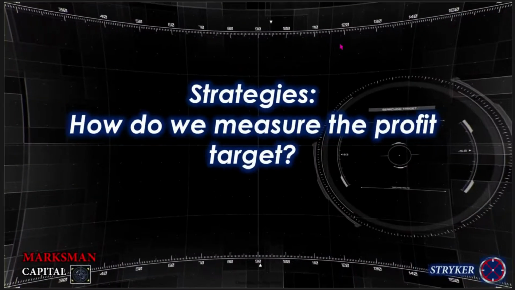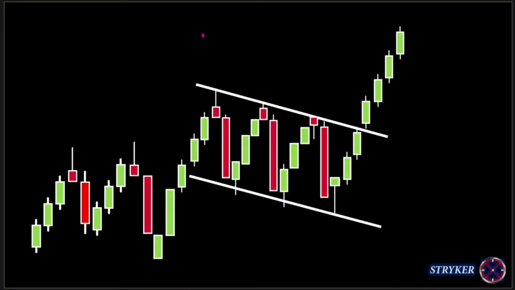Now, what are the strategies? How do we measure the profit target and place the stop loss? How do we enter in this kind of trade? If we look at the bullish flag, for example, we want to measure the point of the turning point before the next wave.